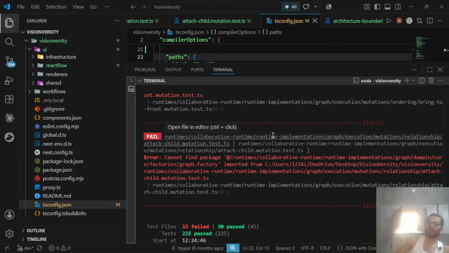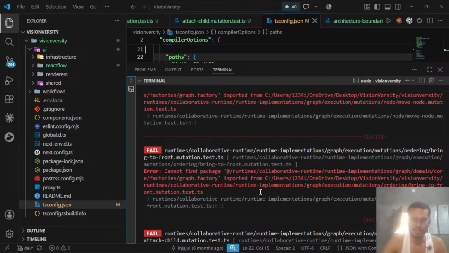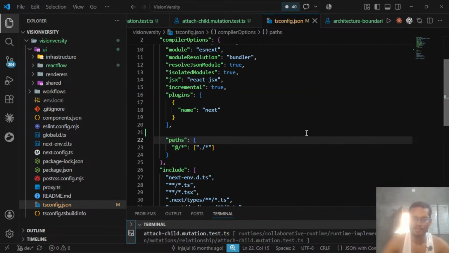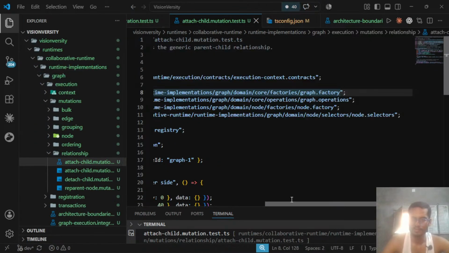The issue is obvious, it cannot understand that alias. This file also doesn't understand.